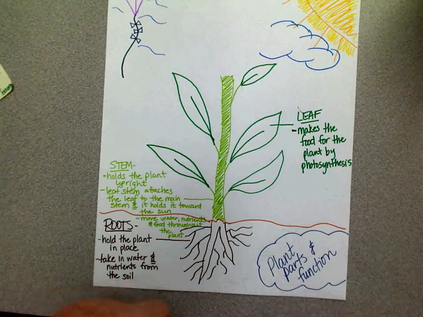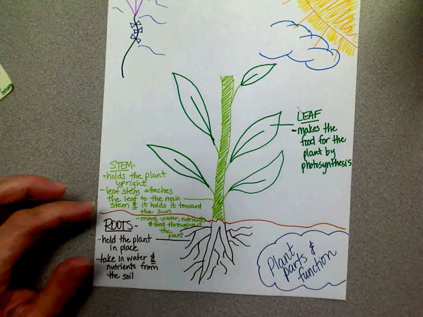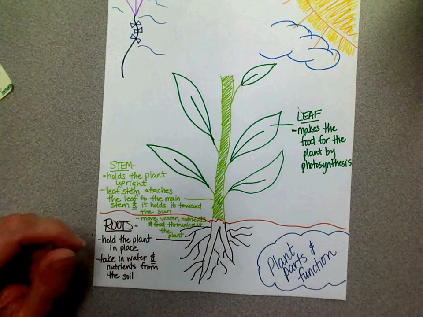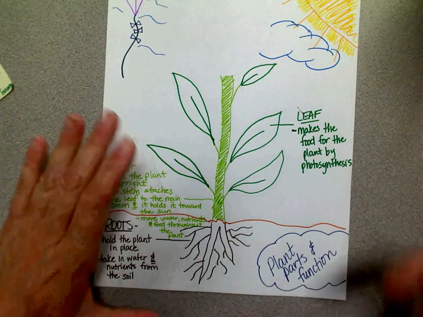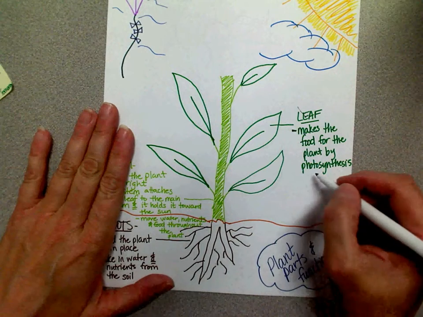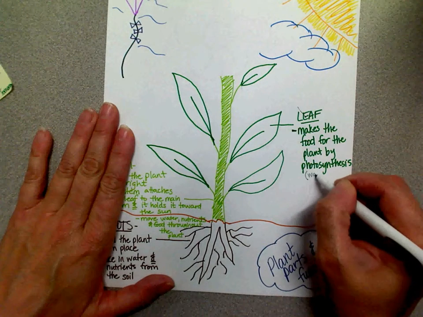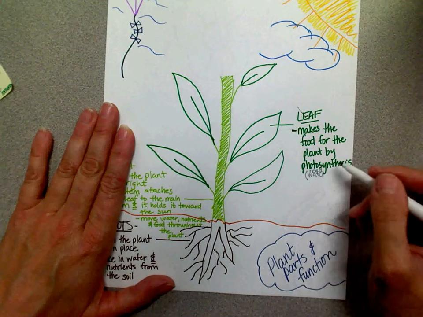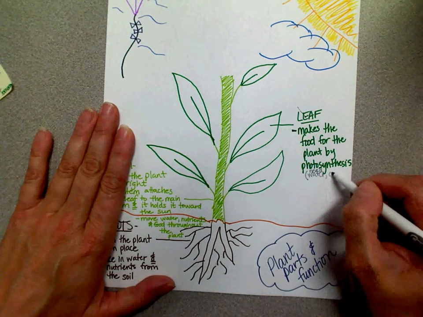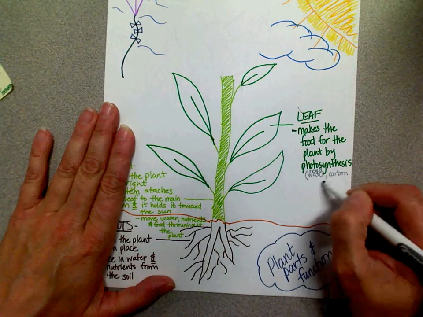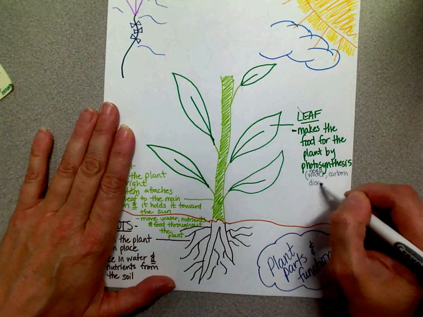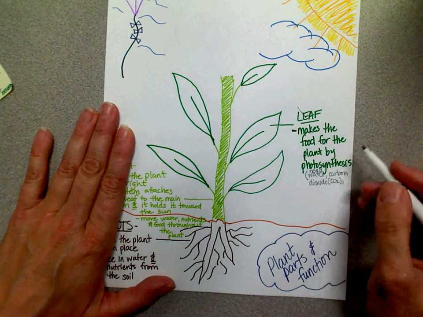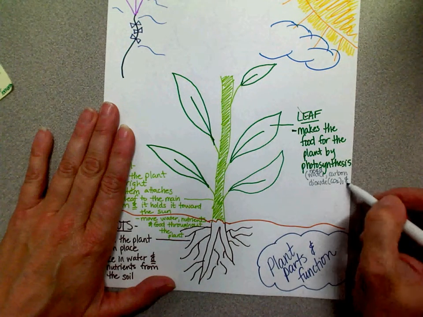And in photosynthesis, you need water. Actually, let's put need here. Need water, carbon dioxide, CO2, you've heard me say that word before, those letters before, and what's the last one?